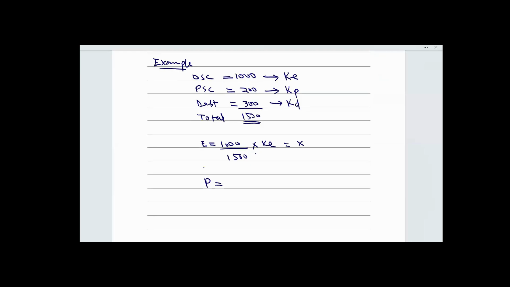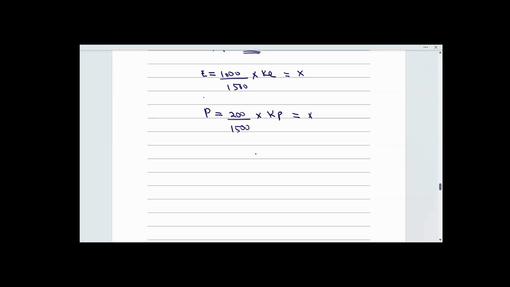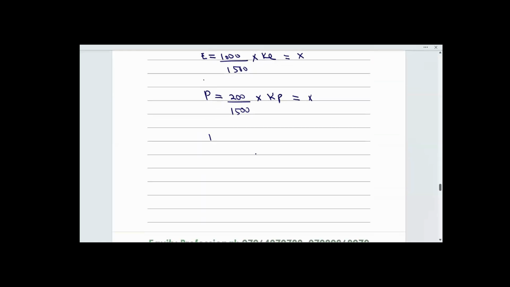The value of preference share in the capital structure is 200 over the total of 1,500 multiplied by cost of preference share. Whatever I have, I'll put it there. Then the last one is the value of the debt. Debt is 300 over 1,500 total multiplied by cost of debt. Whatever I have, I will put it there. I will then add everything together. This will then represent my WACC.